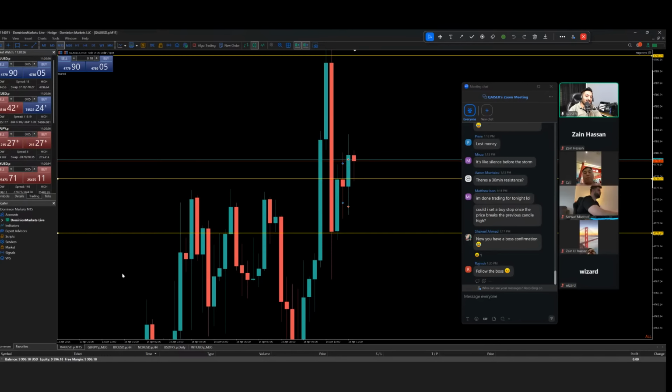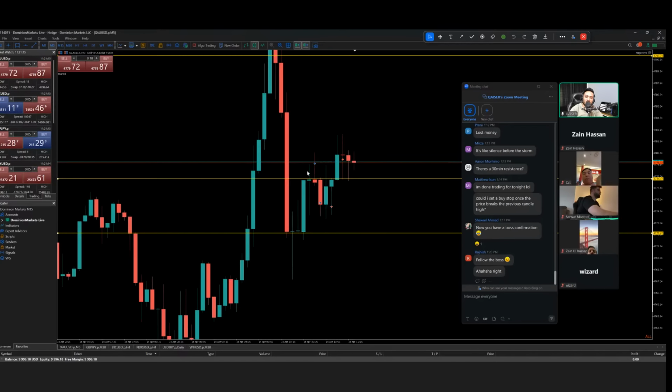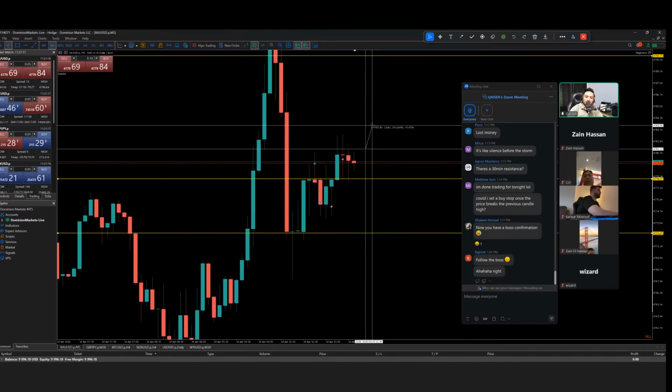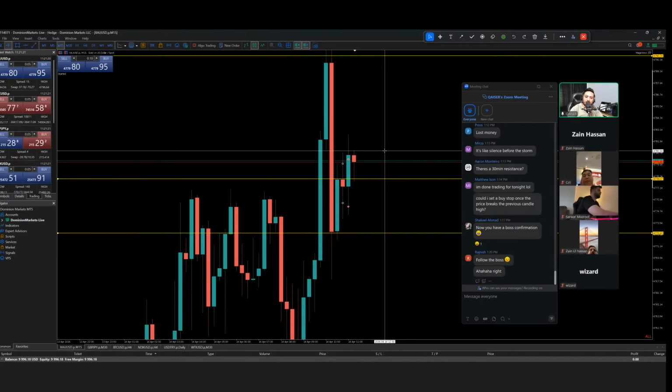If I lose money, then I'm going to blame the boss that I took a buy there. Let's see. Just waiting. I'm looking at this 5 minute as well. If it's going to break its own high, it could make sense.